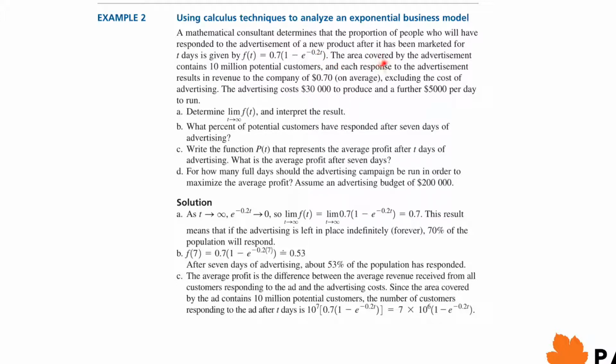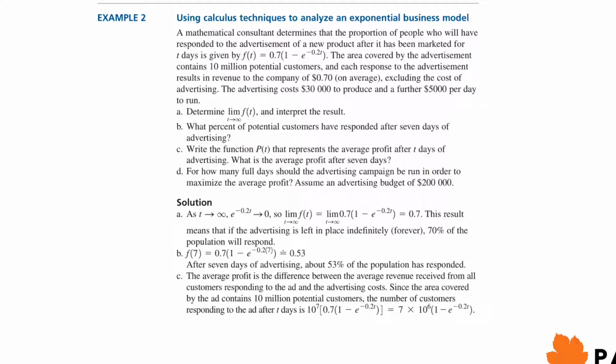The area covered by the advertisement contains 10 million potential customers, and each response to the advertisement results in revenue to the company of 70 cents on average, excluding the cost of the advertisement. The advertising cost is $30,000 to produce and a further $5,000 per day to run.